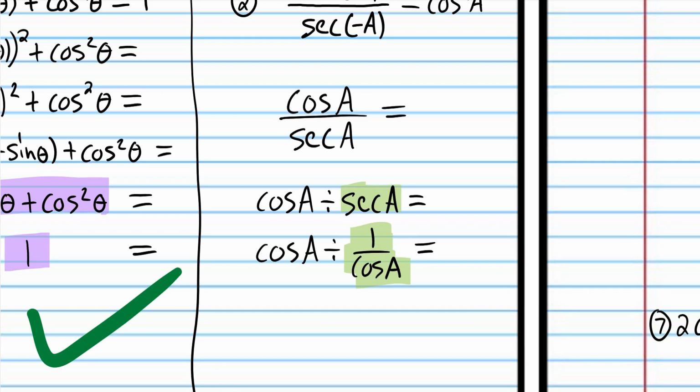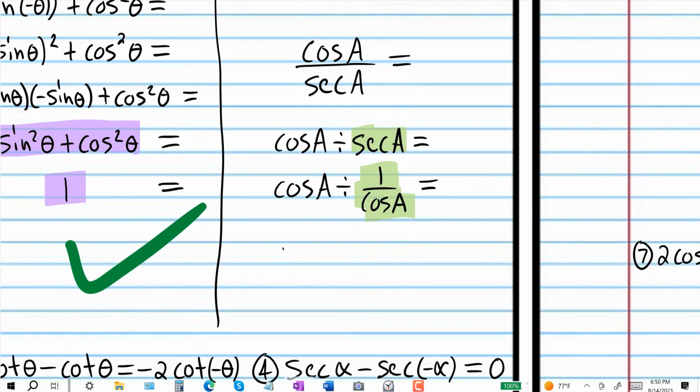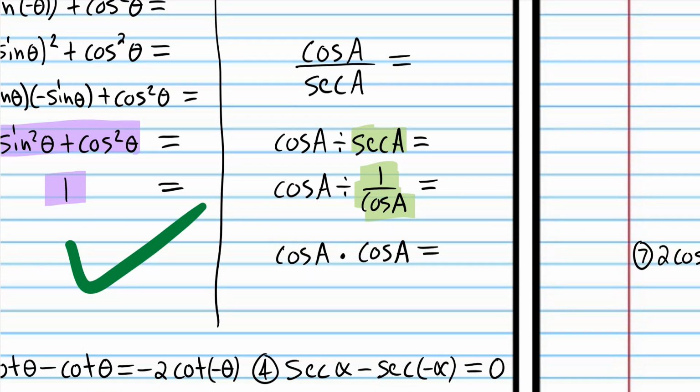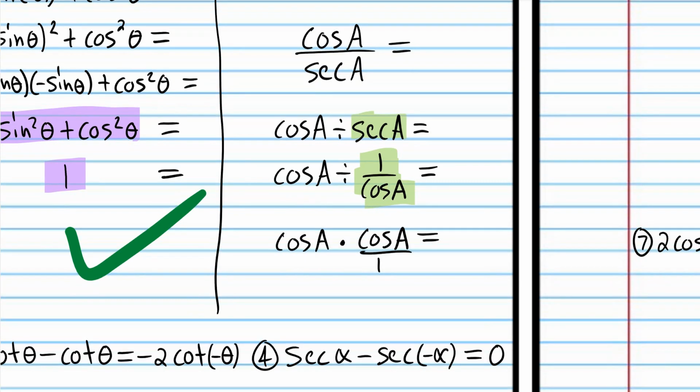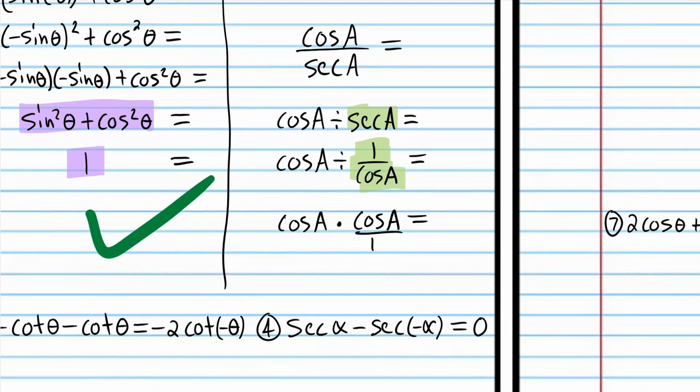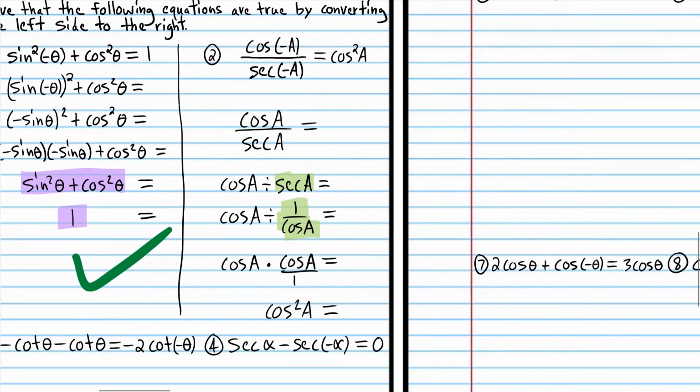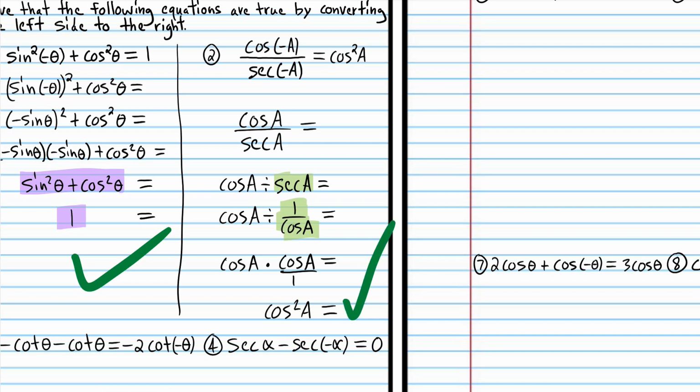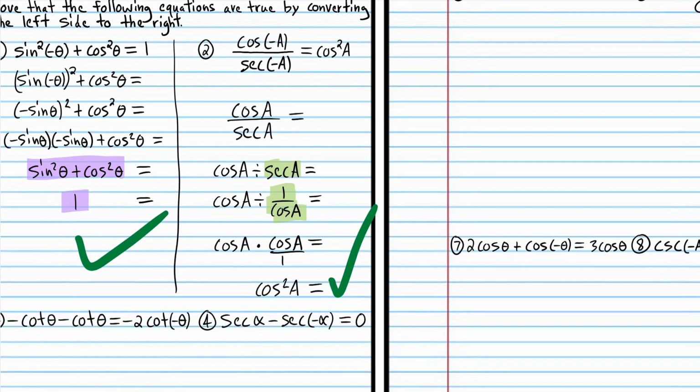And now remember, when you divide, you just change to multiplication and you flip the divisor, and cosine A times cosine A times cosine A over 1 is cosine squared A. So we proved that that identity is true.